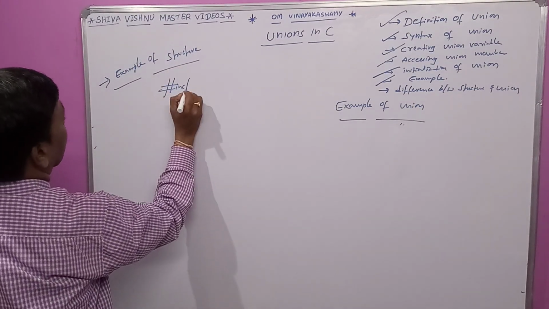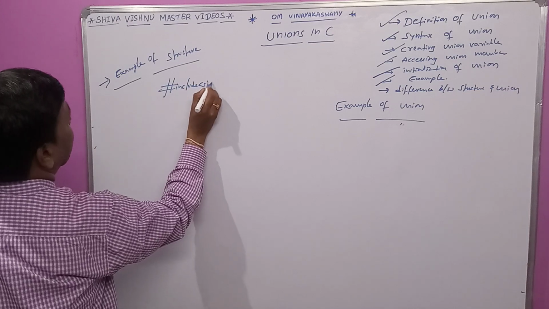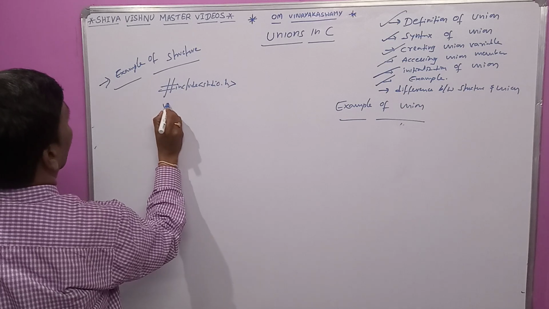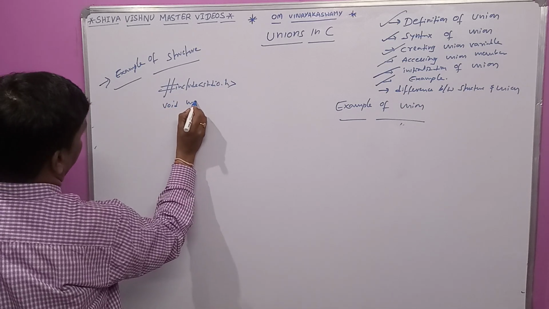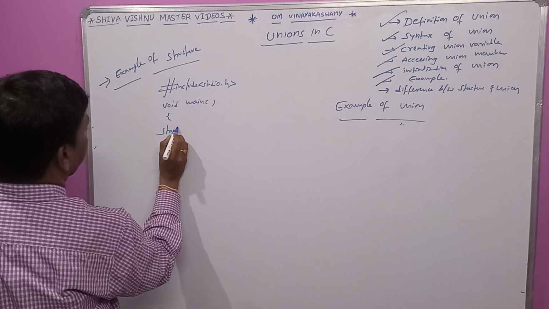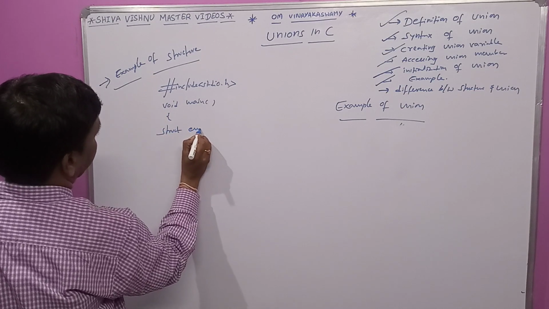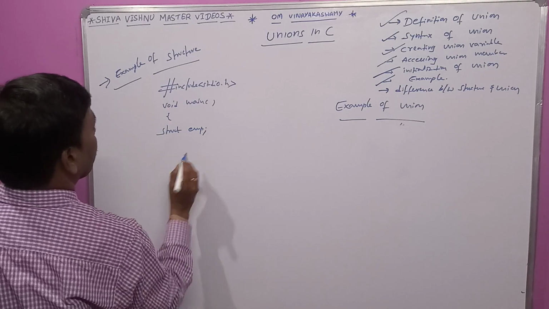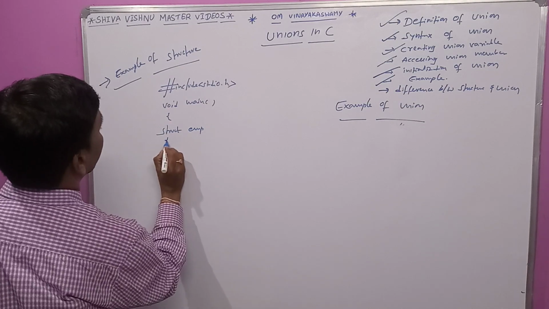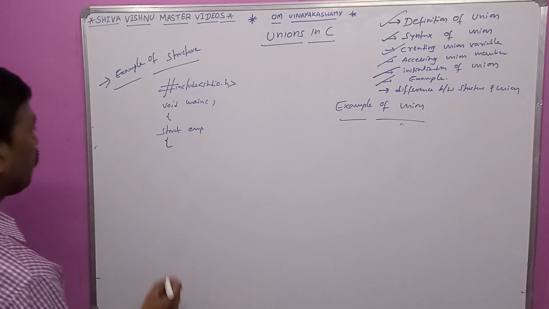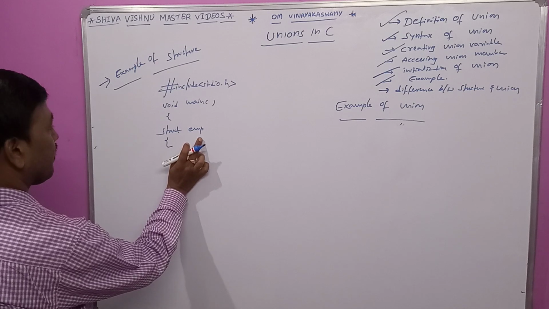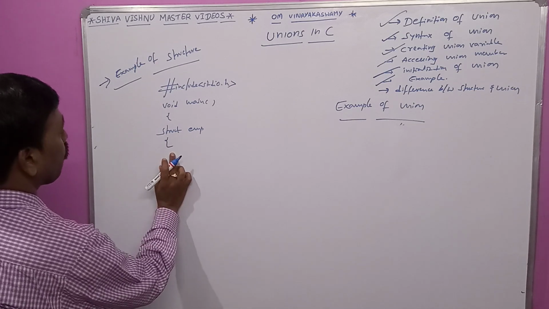Include stdio.h, void main, open brace. Struct emp, structure name emp, so no semicolon, open brace. Structure name, that is employee, open brace.